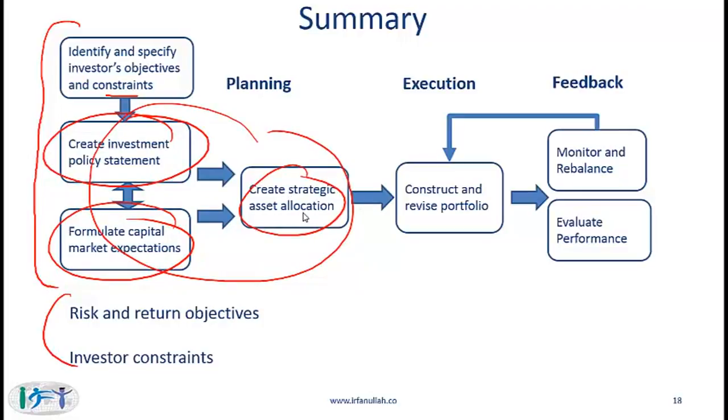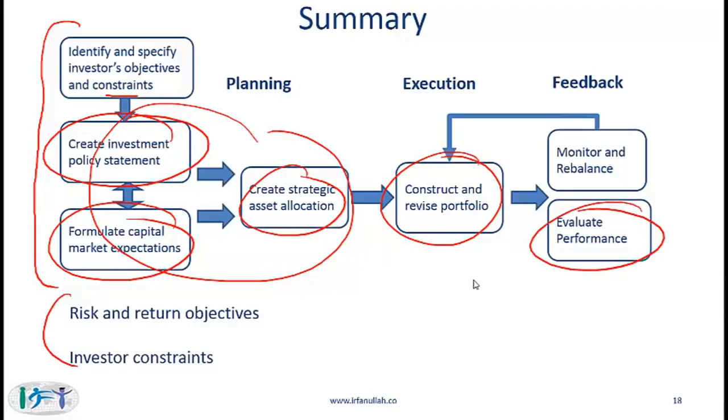The strategic asset allocation then feeds into the execution phase. In the execution phase, you identify the stocks or the assets to buy, and you instruct the trading desk to actually buy them. We then monitor the portfolio, which involves monitoring both the client circumstances and the markets. And based on that feedback, you will need to make adjustments.